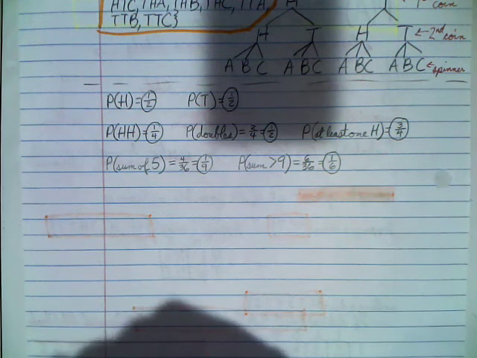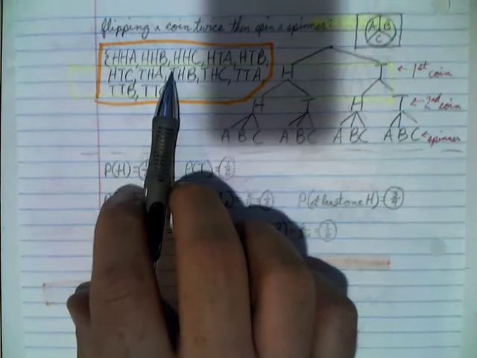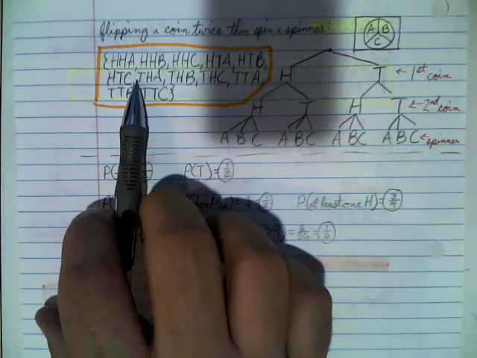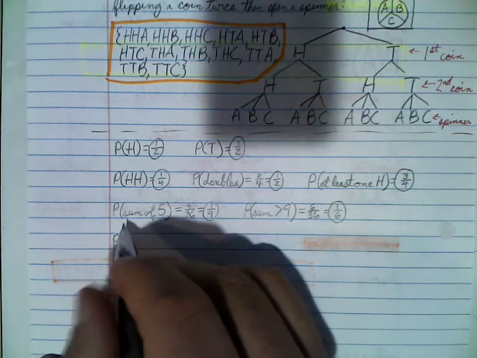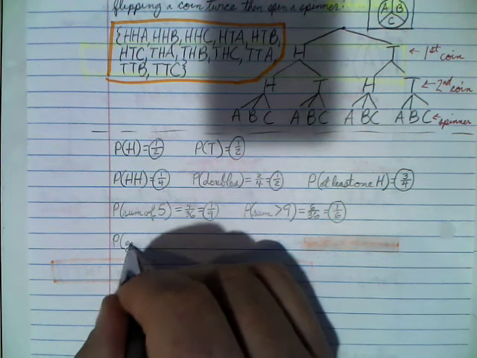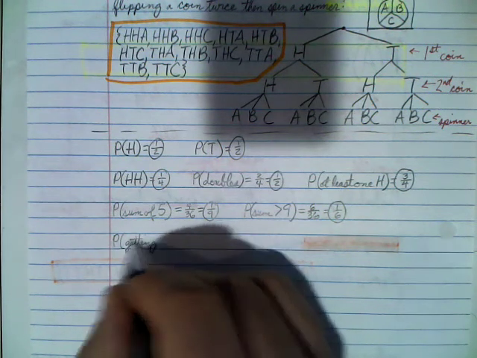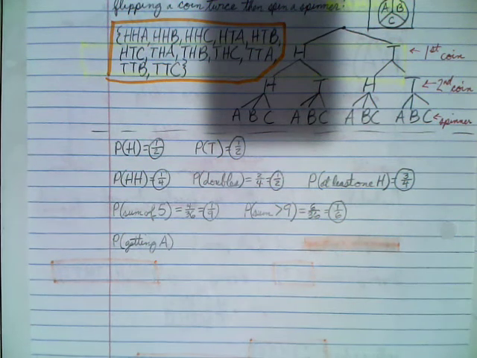All right, we're going to now take a look at our little activity up here. So probability of, let's say, getting A. Since we didn't mention what we're getting on the die, or on the coins, excuse me, that means we could get anything on the coins.